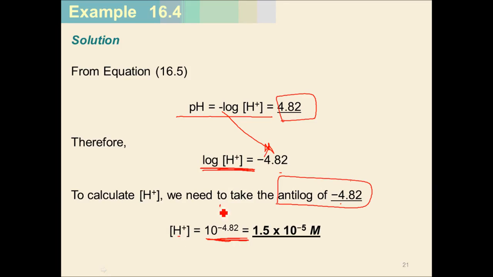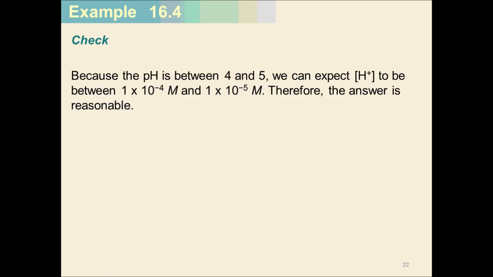So the hydrogen ion concentration is equal to 10 to the minus 4.82. Please see if you get 1.5 times 10 to the minus fifth molar. On slide 22, let's check. Because the pH is between 4 and 5, we expect the hydrogen ion concentration to be between 1 times 10 to the minus fourth and 1 times 10 to the minus fifth molar. Therefore, the answer is reasonable.